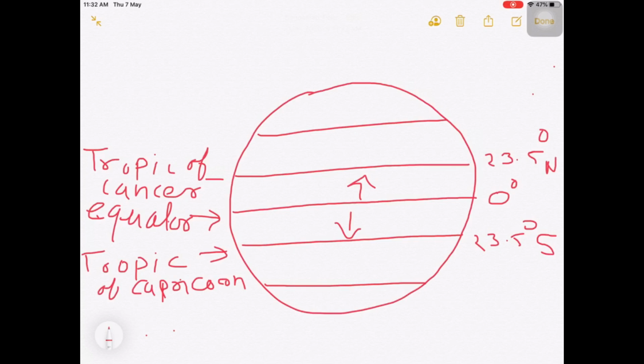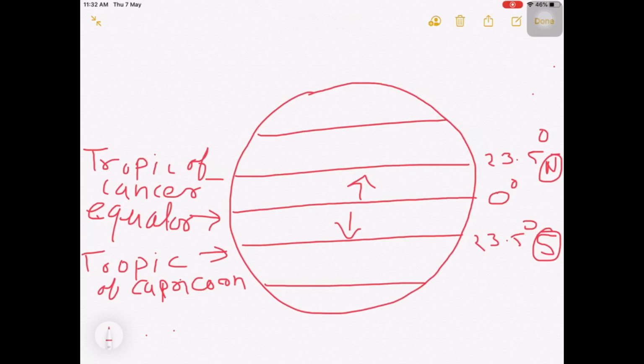As we can see, the lines on the upside of the equator are in the northern hemisphere, and are marked with the letter N, and the lines below the equator are marked with the letter S because they are in the southern hemisphere.